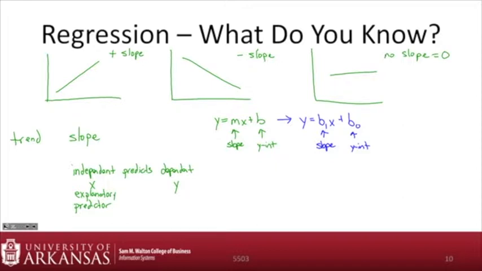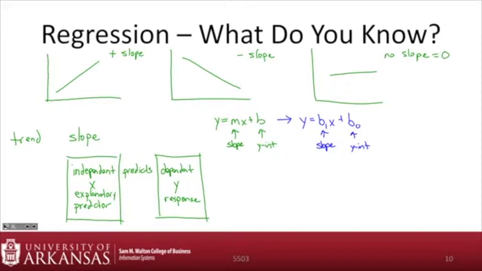The dependent, you may see response. All of these words are the same, and all of these words are the same. I like independent and dependent. SAS uses dependent and explanatory. Other textbooks will use predictor and response. So they're all kind of the same thing. It's all just about your X and your Y variables. They just call it different things.